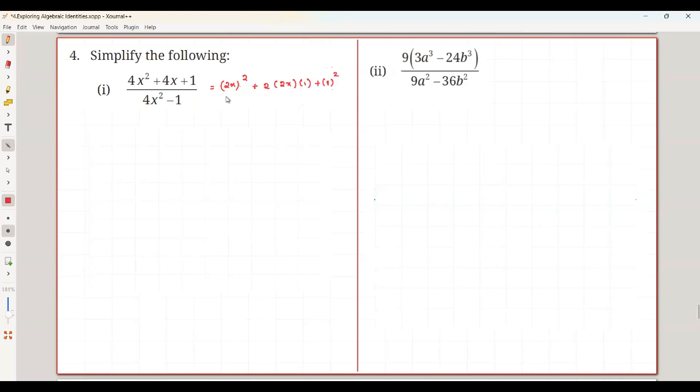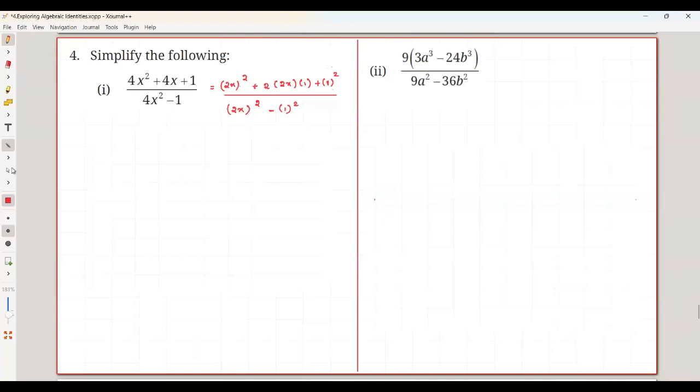Now the denominator. What formula can be used? This is in the form of a square minus b square, so we can split it: 2x the whole square, a square, minus b square. For the numerator you can use a plus b the whole square; here it is the a square minus b square format.